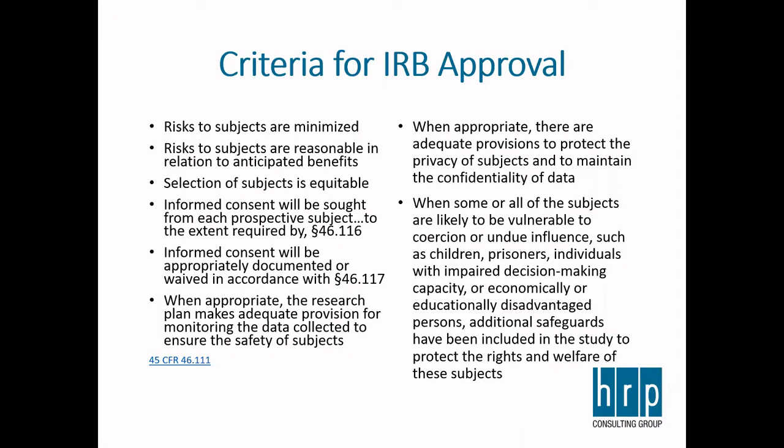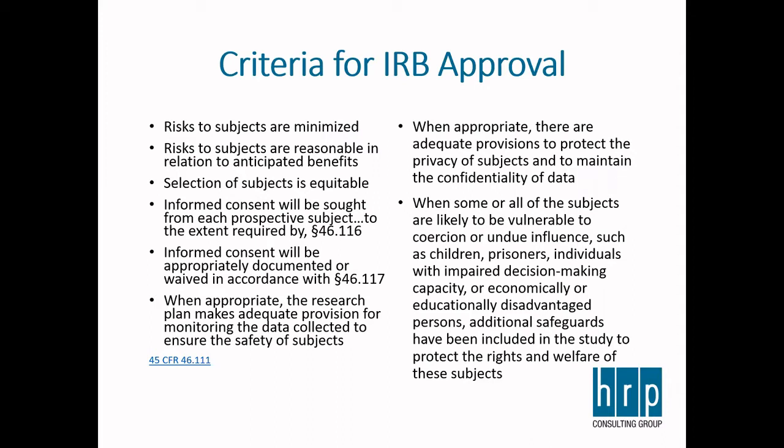When appropriate, there are adequate provisions to protect the privacy of subjects and maintain confidentiality of data. So when we're talking about privacy, we're talking about researcher interactions with subjects. And when we're talking about confidentiality, that's how researchers will keep the data secure.